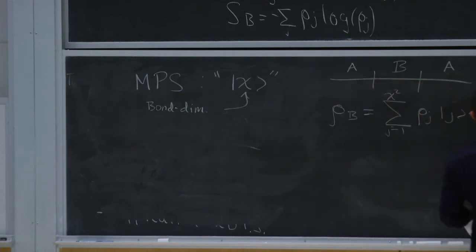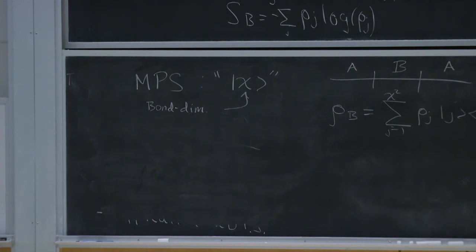Or there's an equivalent way to do it: if you had a system like this, AB, and I compute rho B, then exactly chi eigenvalues will show up. And this will be true even as you take the system size to infinity.